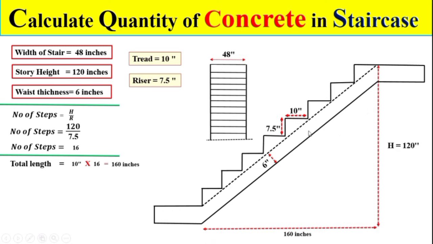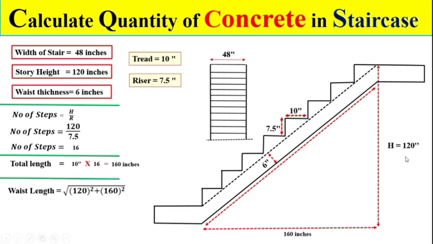Now to find the quantity of concrete in this staircase, we need to find the total length of the waist. If we use the Pythagoras theorem, we can easily find that the total length of the waist is 200 inches.